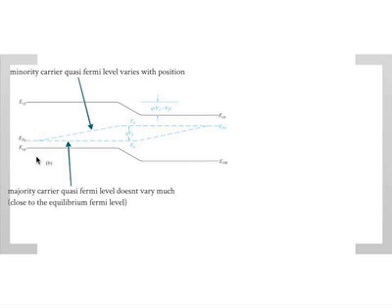There's 10 raised to 17 or 10 raised to 20 or whatever. So the excess carriers that have been injected don't really change that very much because that's orders of magnitude smaller. So the majority carrier Fermi level really doesn't change too much. Strictly speaking, it does change a little bit. Same thing happens on the other side. The electron Fermi level in the N-type material doesn't change much. The hole quasi-Fermi level in the N-type does change.